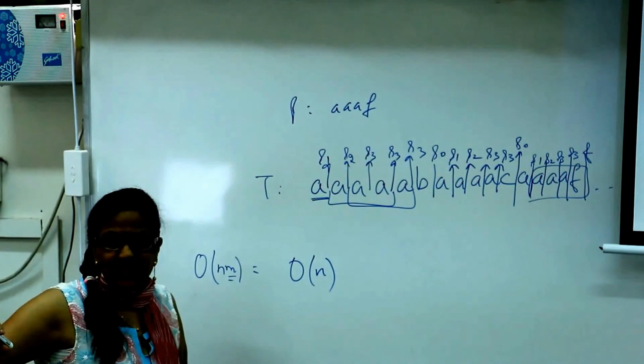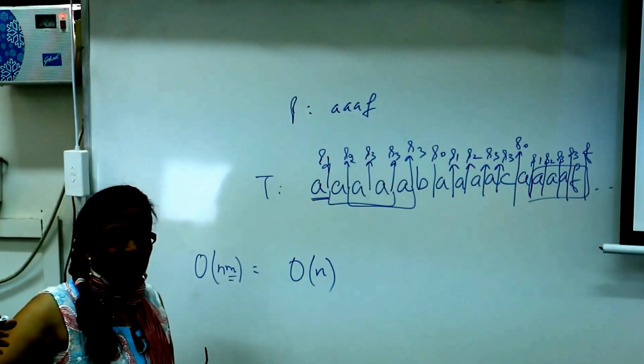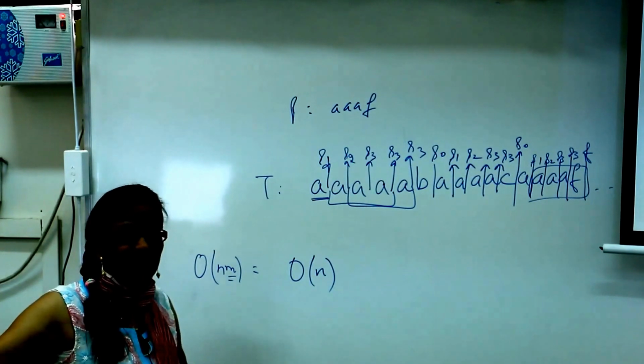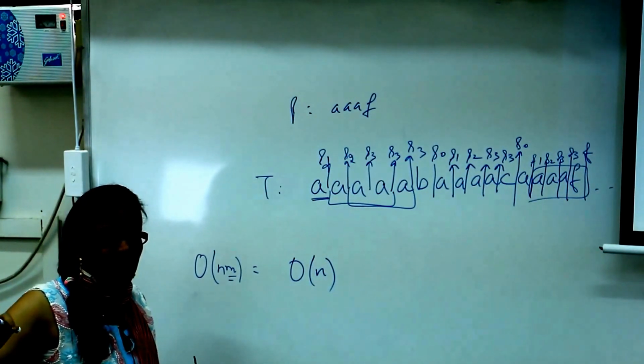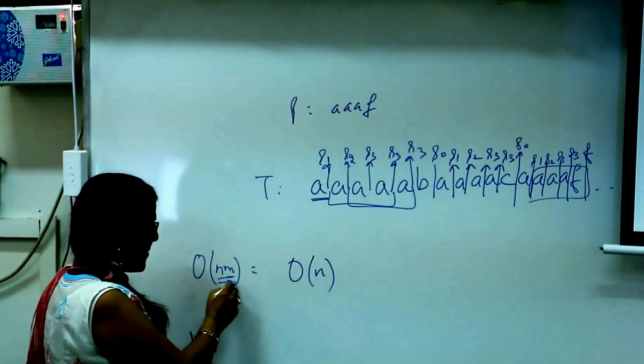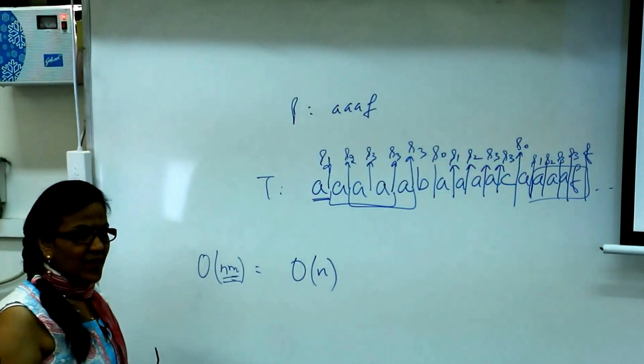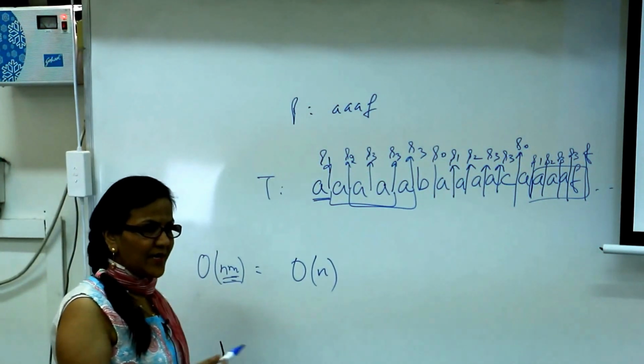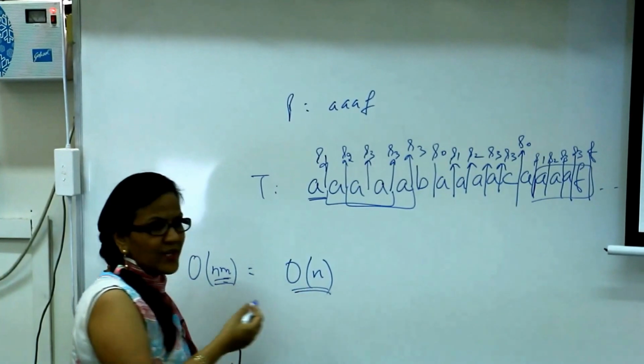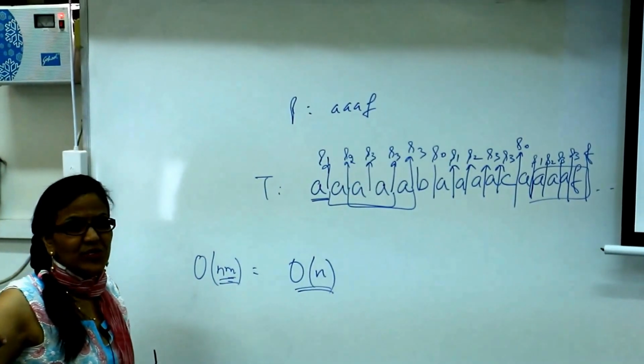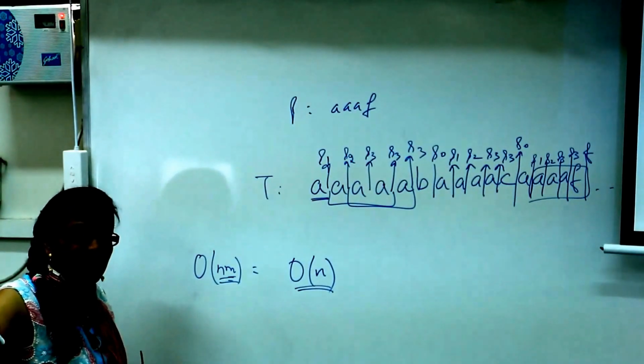Search is more frequent, right? You may be doing a huge number of searches, and for every search you are spending so much time. But if you have formed the automaton for the pattern, then it will take only order n time to search for it. So we have reduced the search time.